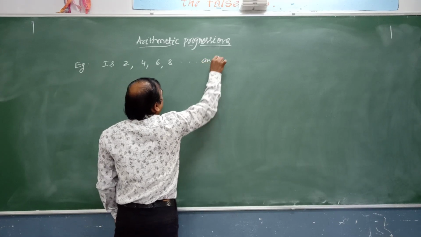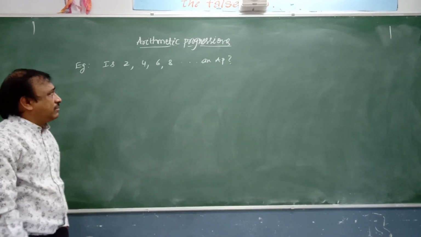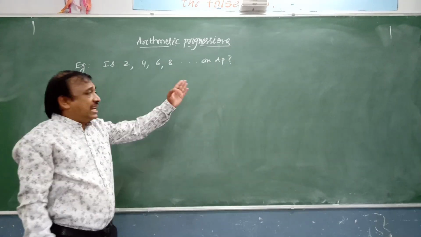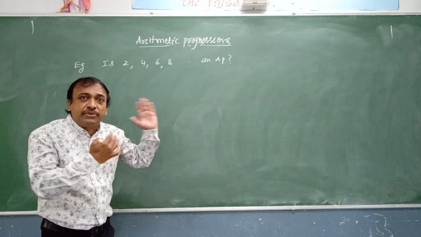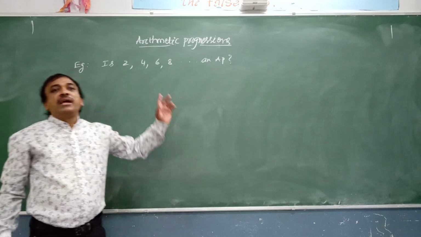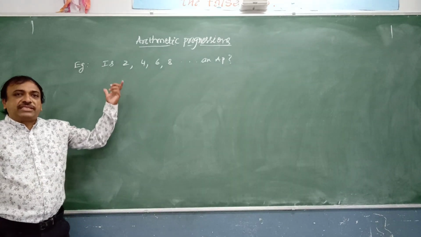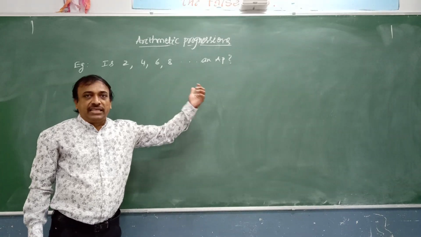Is it an AP? That is, are the terms in arithmetic progression or not? How to identify: first term, second term, third term, fourth term and like this.